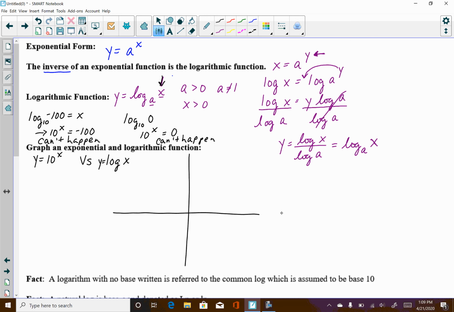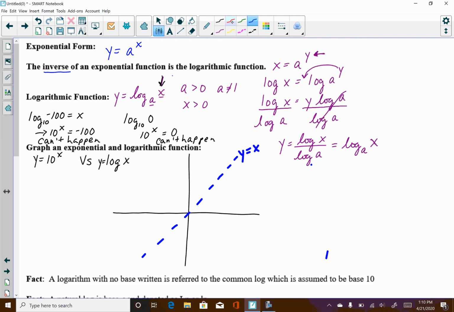At this point, you just consult your calculator. These are supposed to be inverses of one another, so they should be reflections across the line y equals x, right? And we talked about that in that first section. So they should be a reflection across that.